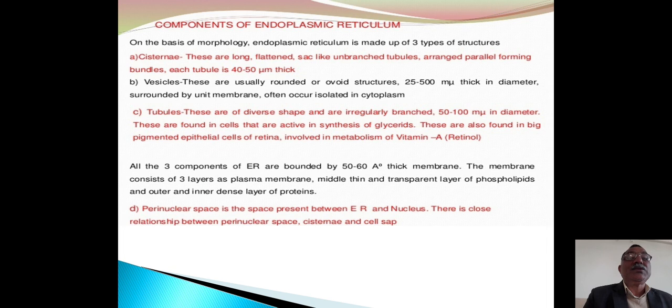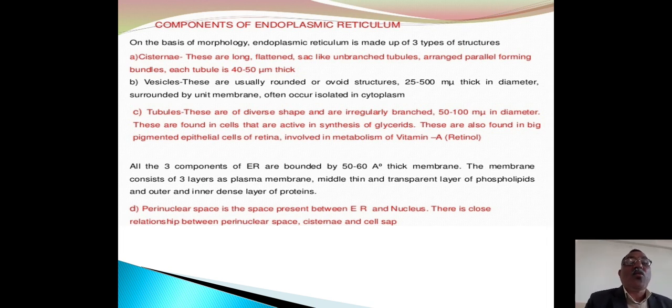The membrane consists of three layers like the plasma membrane: a middle, thin, and transparent layer of phospholipids, and outer and inner dense layers of proteins. The fourth one is the perinuclear space, the space present between endoplasmic reticulum and nucleus.